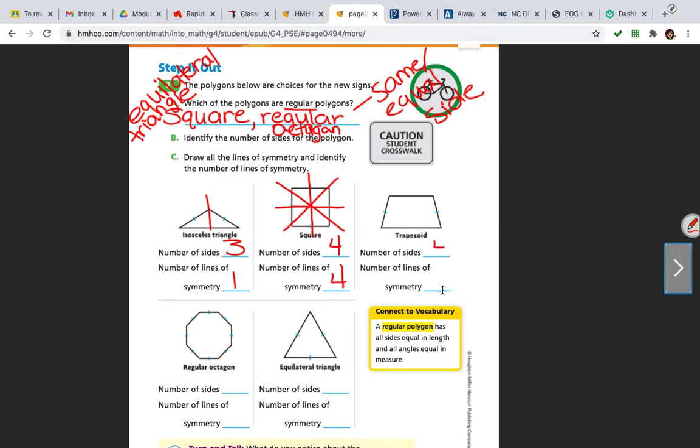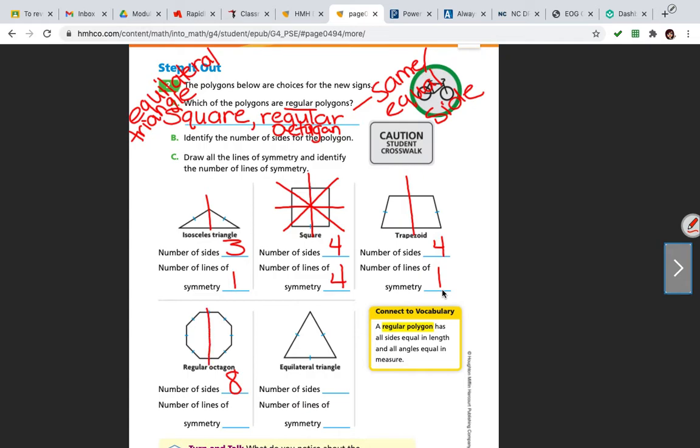Trapezoid, it's a quadrilateral. It has 4 sides. How many lines of symmetry? We can cut it in half vertically, so it has 1 line of symmetry. The octagon. Octo means 8, has 8 sides, and this is going to be tough. So we've got to do half to half. We're going to use these blue lines to guide us. An octagon actually has 8 lines of symmetry.